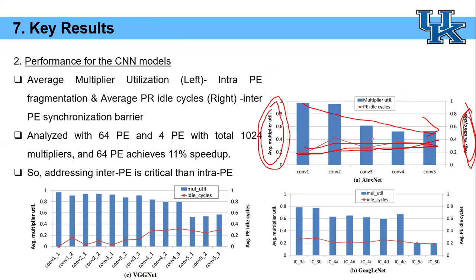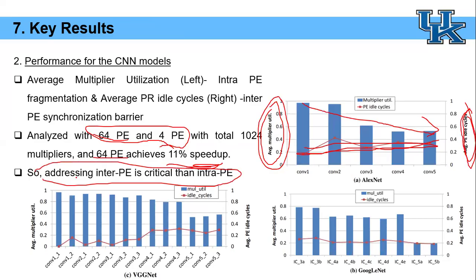To compare this, the paper changes the number of PEs to 64 and then 4, and compares the results. They found that the 64 PE achieves 11% speedup. So the paper concludes that addressing inter-PE is more critical than intra-PE.